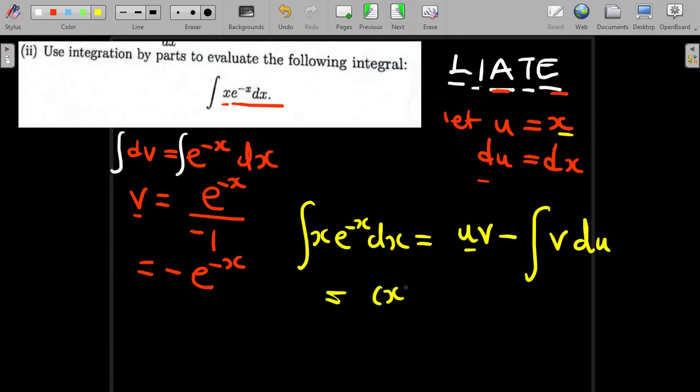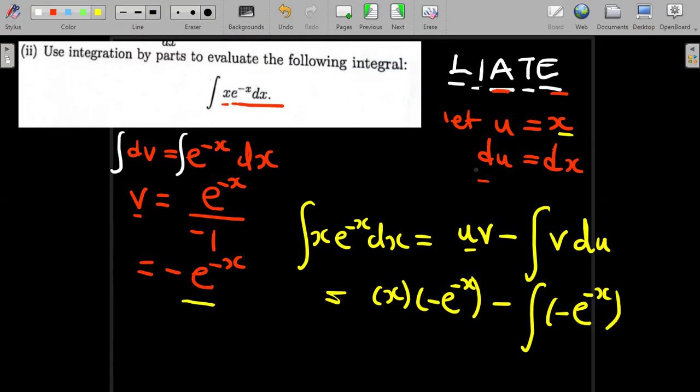So I replace x there, and my v is what I found here, negative e raised to the negative x. Then minus the integral, my v, again, that's negative e to the negative x. Then du, as you can see, is just equal to dx. So I'll bring here dx.